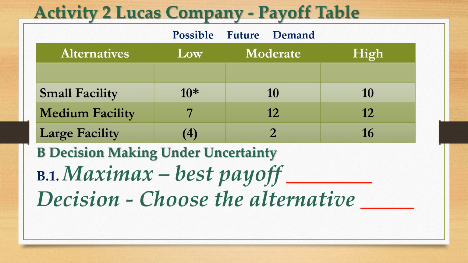Okay, so after choosing the best or the highest payoff, you have to look at the alternative that corresponds to that highest payoff. That will be your decision. Again, the best payoff that you had chosen, write it down here, and then your decision will be the alternative that corresponds to that highest amount.